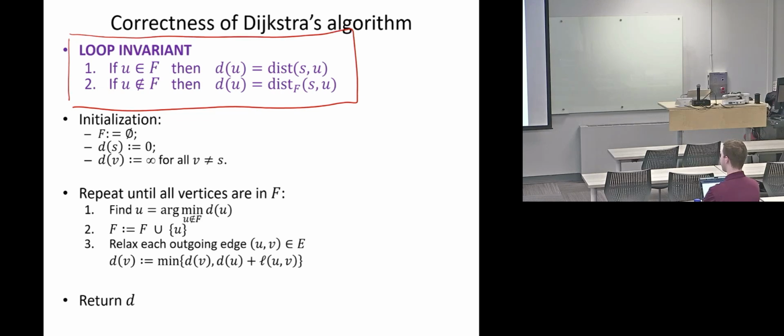Then the algorithm is correct, because at the end of the day, everyone is finalized and we return our estimate D, and the loop invariant says that everyone finalized has the real distance. The distance estimate is correct. So this loop invariant is useful to prove.